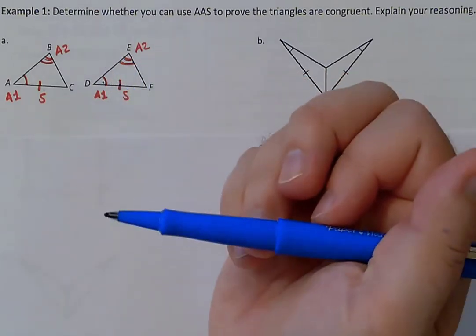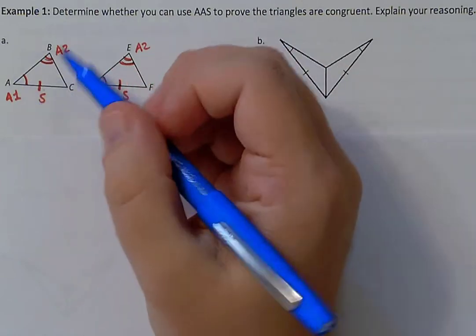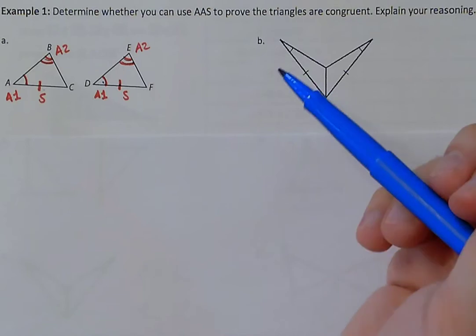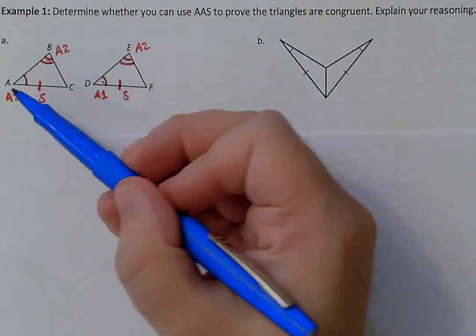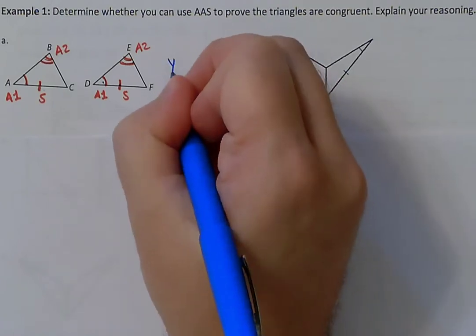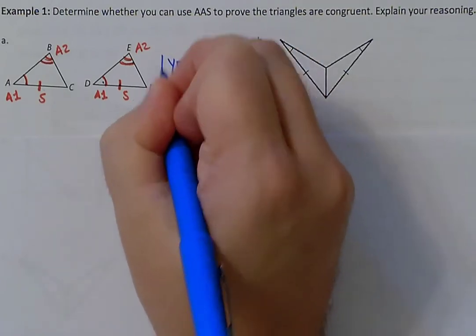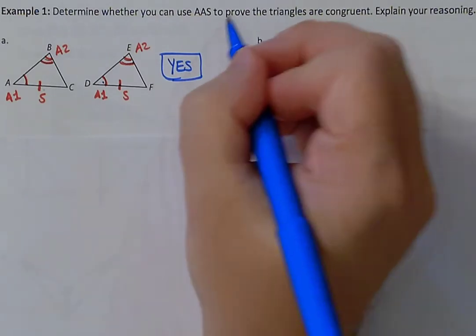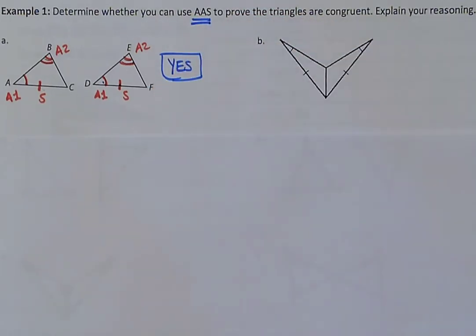So it does match in terms of order. It doesn't have to be like I showed up above where it goes 1, 2, side. Okay, it can go 2, 1, side. So I can say that yes, these two triangles are congruent based off angle, angle, side.